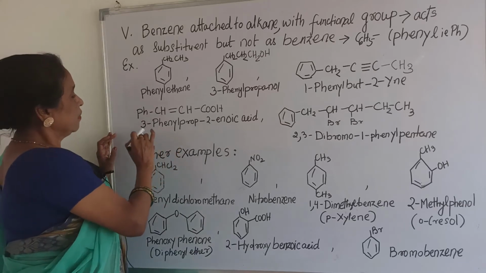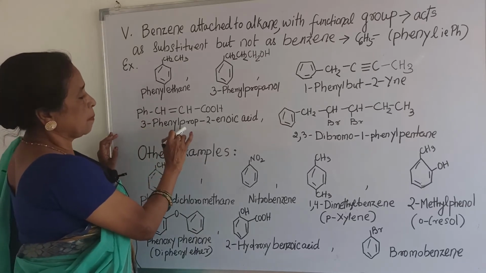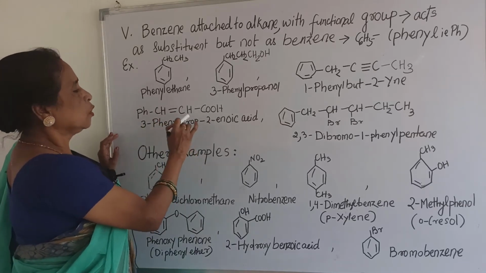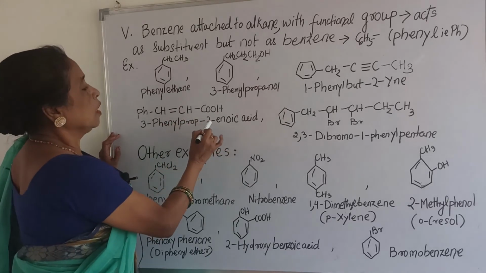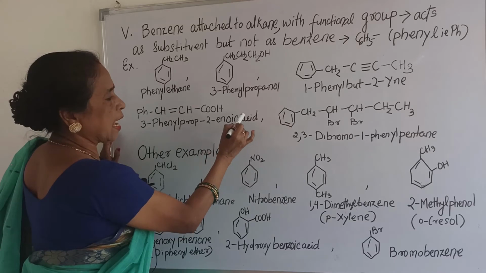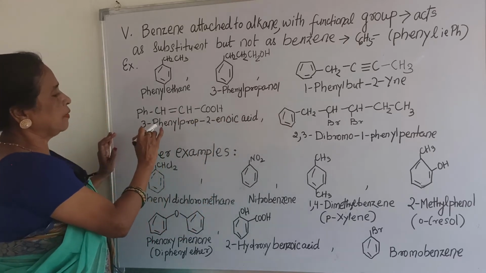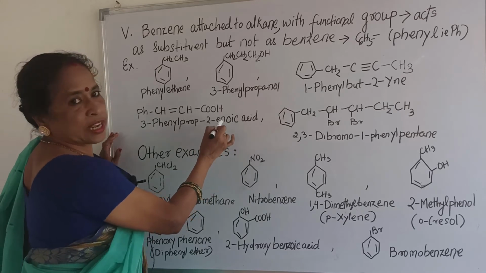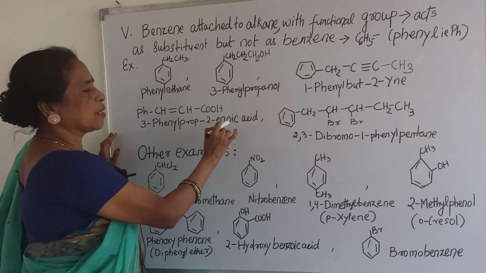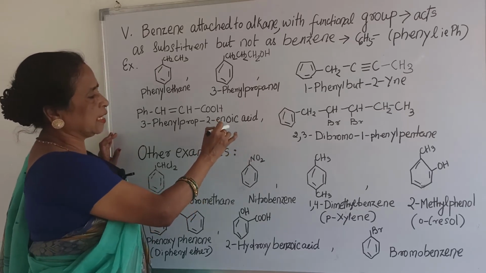So what is the name? 3-phenylprop means 3 carbon, 2 position en and 1 position acid, so 2-enoic acid. That means 3-phenylprop-2-enoic acid. Here also you can write 1-oic acid, or simply if you write oic acid, it indicates the position is 1.